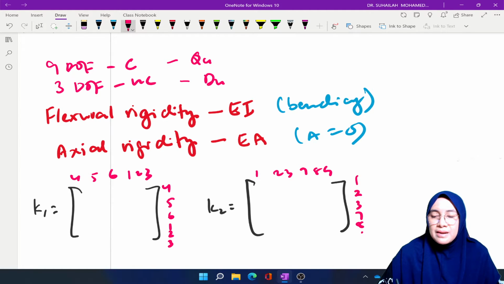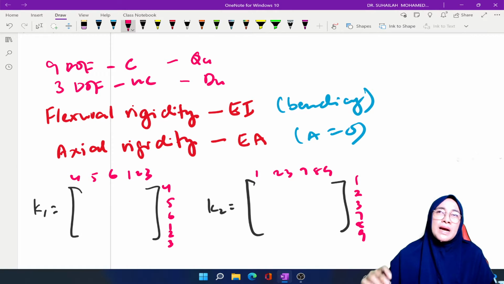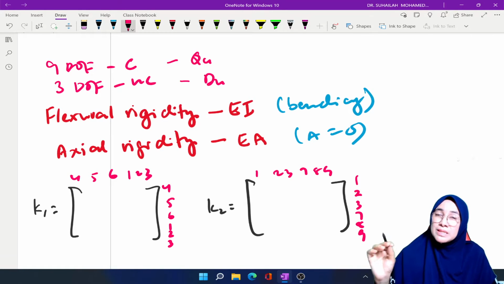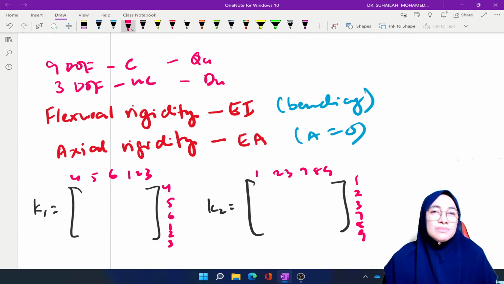So we have to calculate all these values and put them inside K1, K2, and K3 in matrix form. But we don't need to calculate or establish the 12 by 12 structure stiffness matrix, because there's no question asking you to do that. You just have to focus on K up to 3 degrees of freedom only.